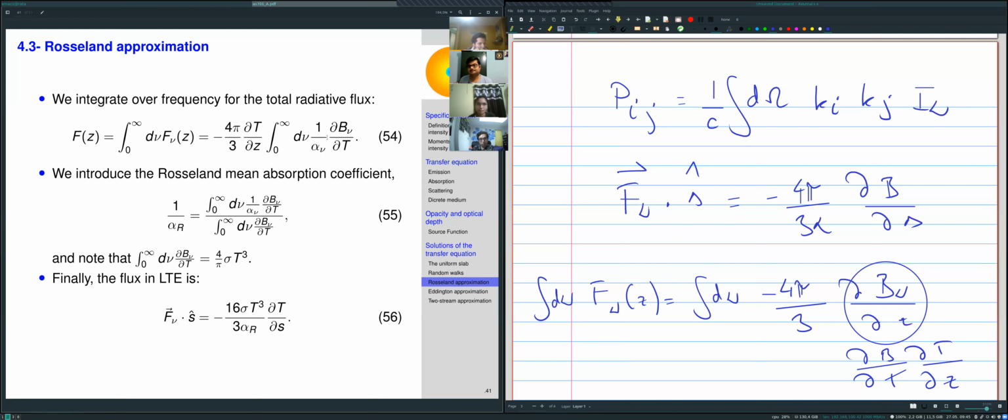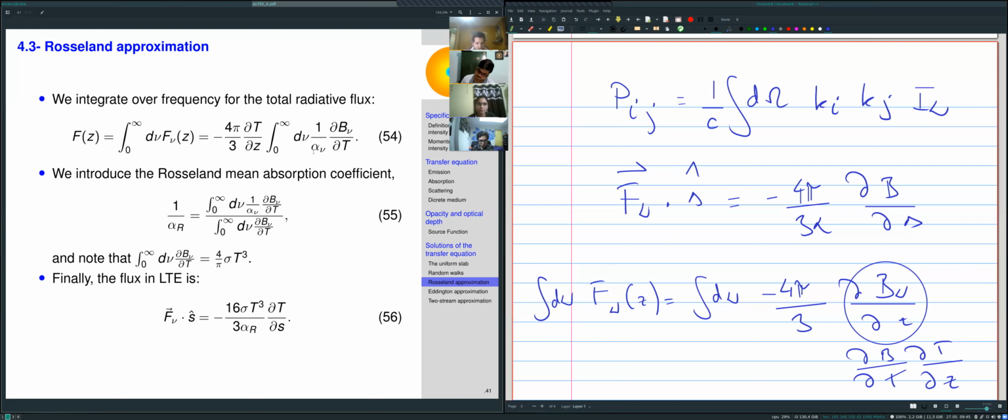And here there's an interesting quantity: the integral over all frequencies of the derivative of the Planck function with respect to temperature, corrected by the absorption coefficient. This quantity seems to play an important role. It depends on the microscopic properties through the absorption coefficient.